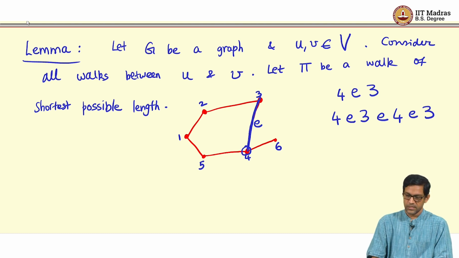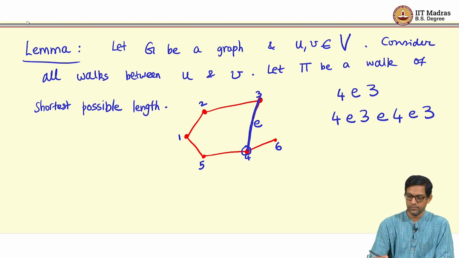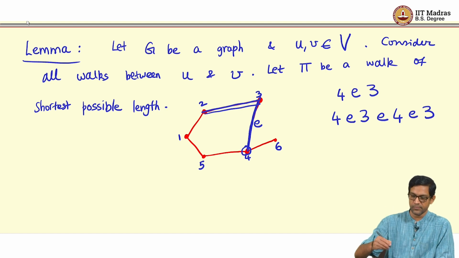Now, notice that such a walk will always exist. Even though the set of all walks is infinite, when you write all possible walks down, there may be many other walks, you could go from there to 2 and then go back to 3, or you make one full circle around that pentagon and go back to 3 and so on. Among all possible walks, you will be able to find at least one, sometimes maybe more than one, of least possible length.